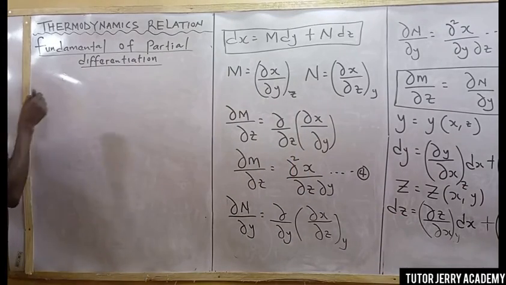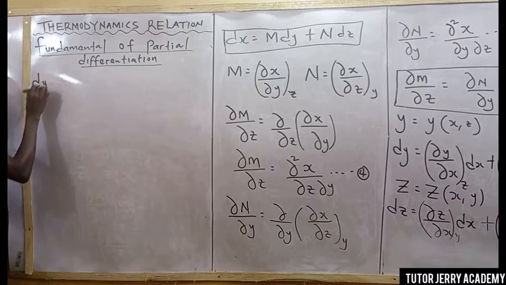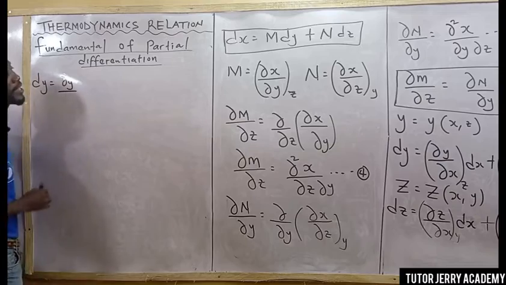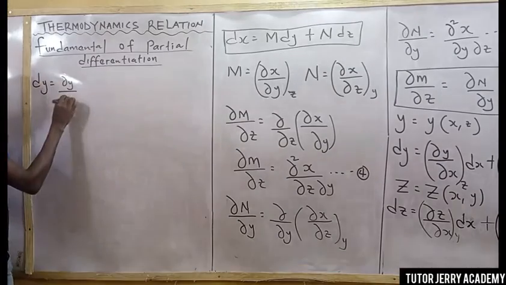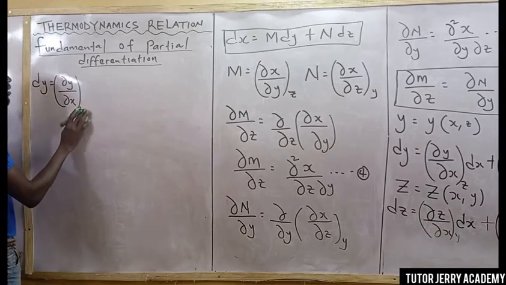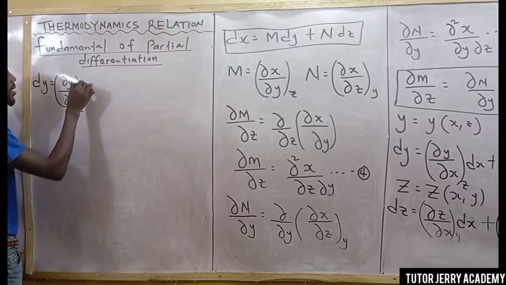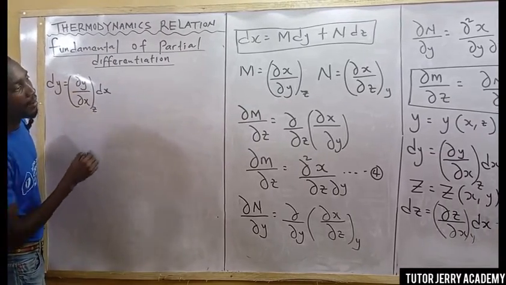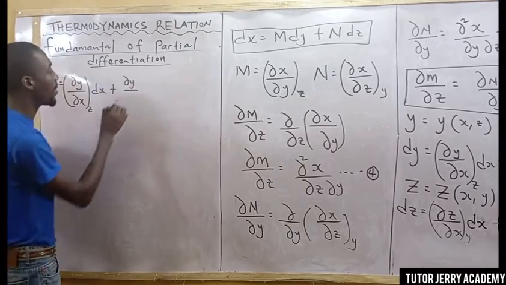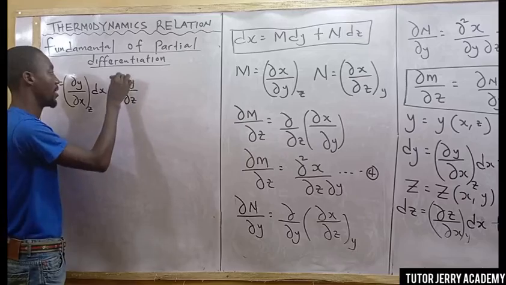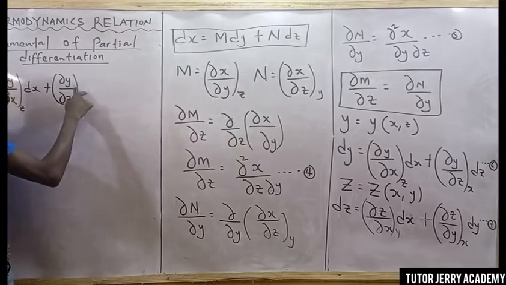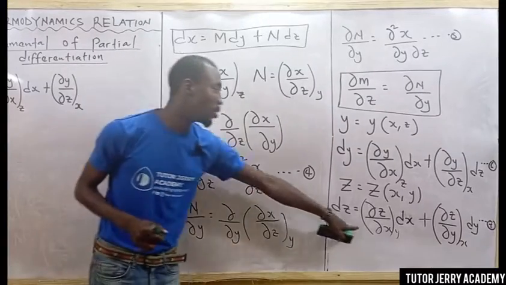So we can therefore say dy will be equal to the partial derivative of y with respect to the partial derivative of s, keeping z constant, ds, plus the partial derivative of y all over the partial derivative of z, keeping s constant, dz. But we are not going to write the dz now. We are going to write what is here.